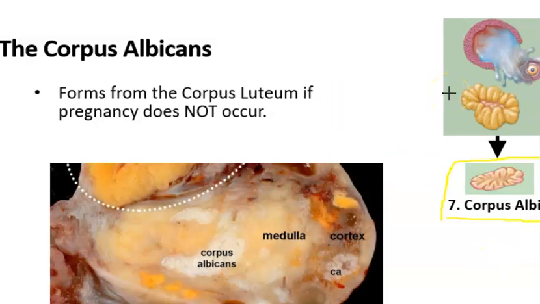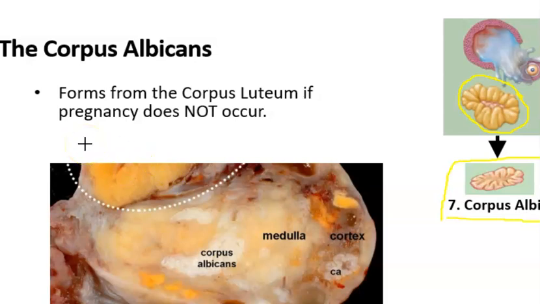So the corpus luteum is maintained if pregnancy occurs, and that's a hormonally regulated thing that we'll talk about later. But if pregnancy does not occur, then the corpus luteum degenerates, the cells die, they're not going to make progesterone anymore, and you get this scar-like formation called a corpus albicans.